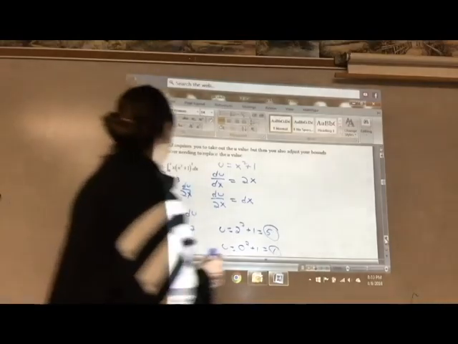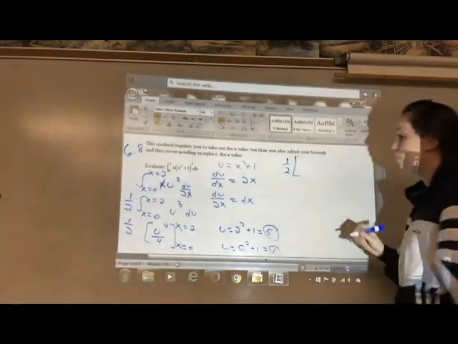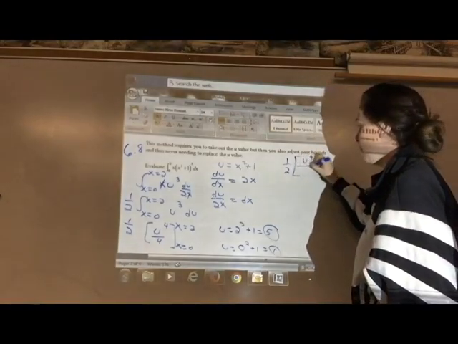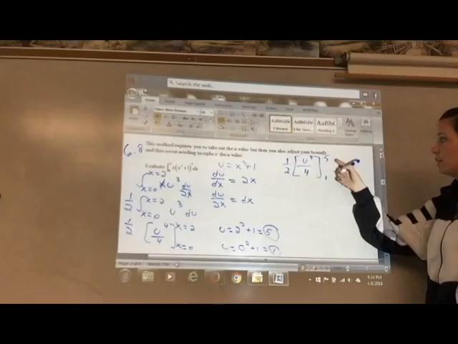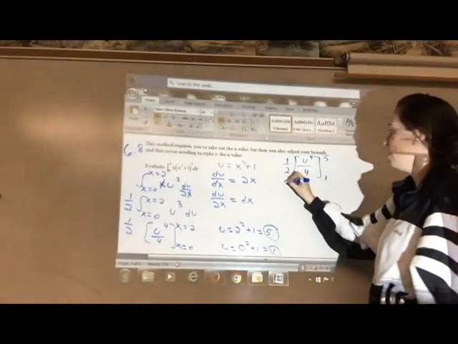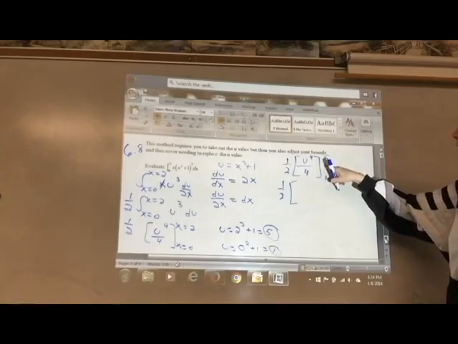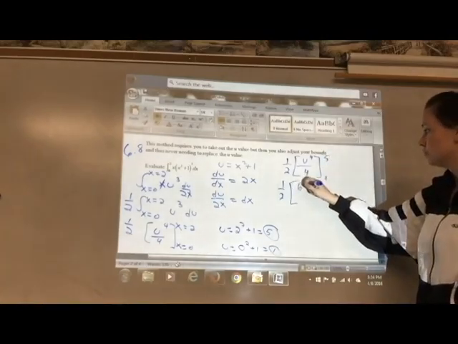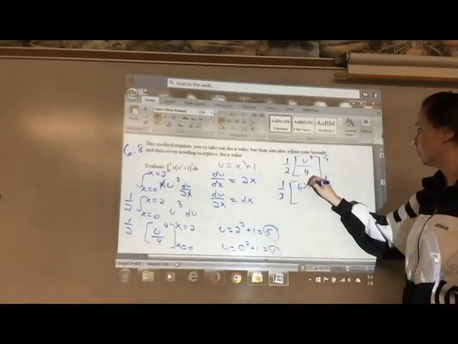So I would take this problem and I would just adjust my bounds to be a 1 and a 5 here, because now these are u's, and now I work that way. So here's my 1/2. 5 to the 4th power, again, is going to be that 624.25. Should have known that.